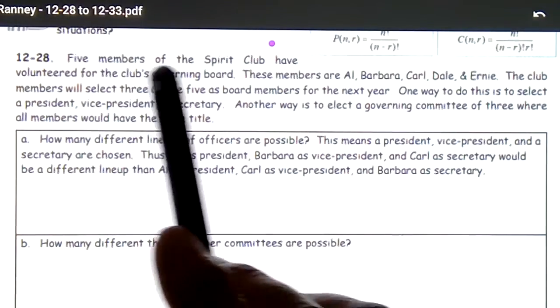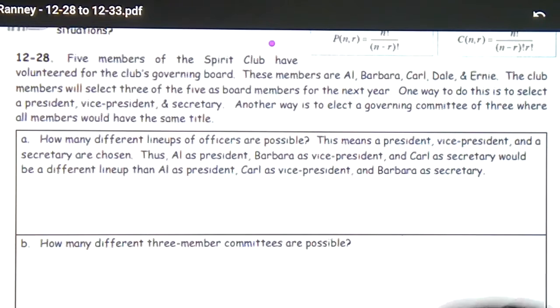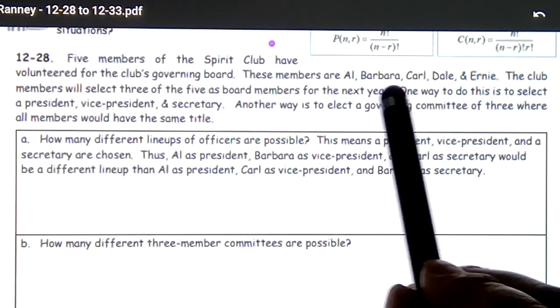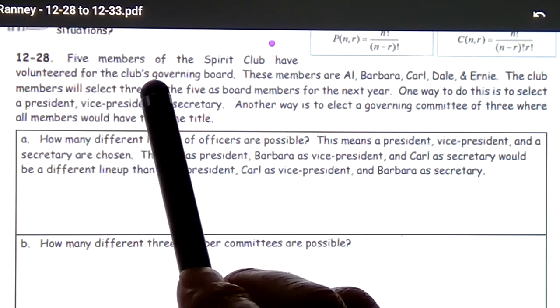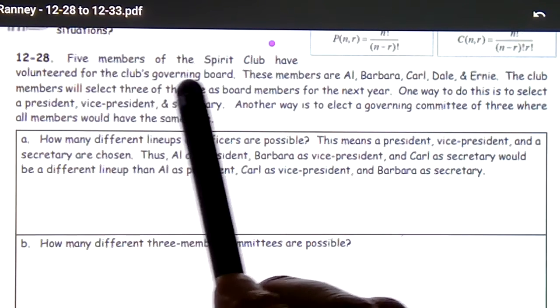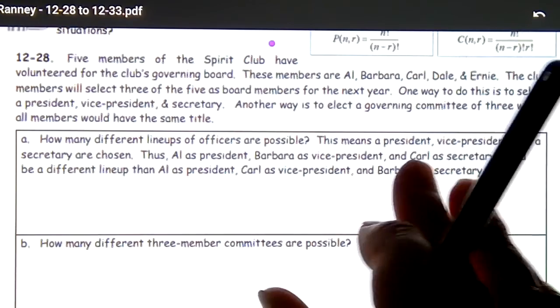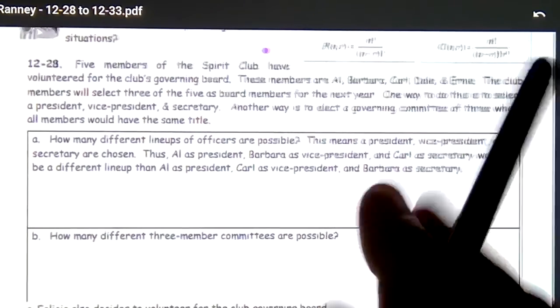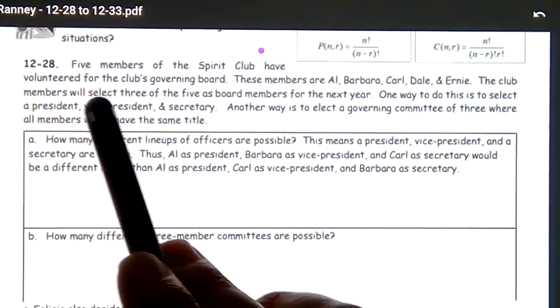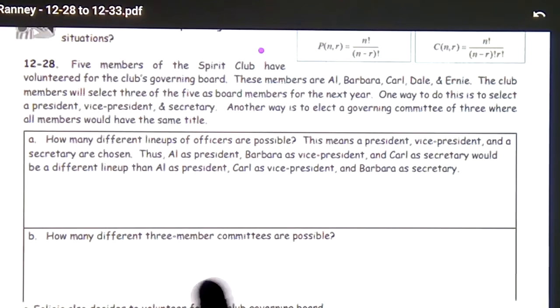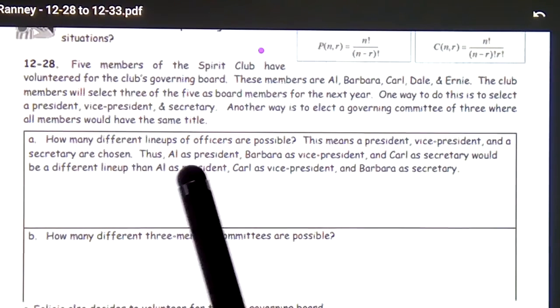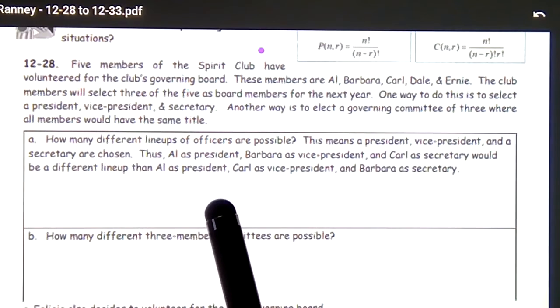So 5 members of the Spirit Club have volunteered for the club's governing board. These members are Al, Barbara, Carl, Dale, and Ernie. The club members will select 3 of 5 members as board members for the next year. One way to do this is to select a president, a vice president, and a secretary.